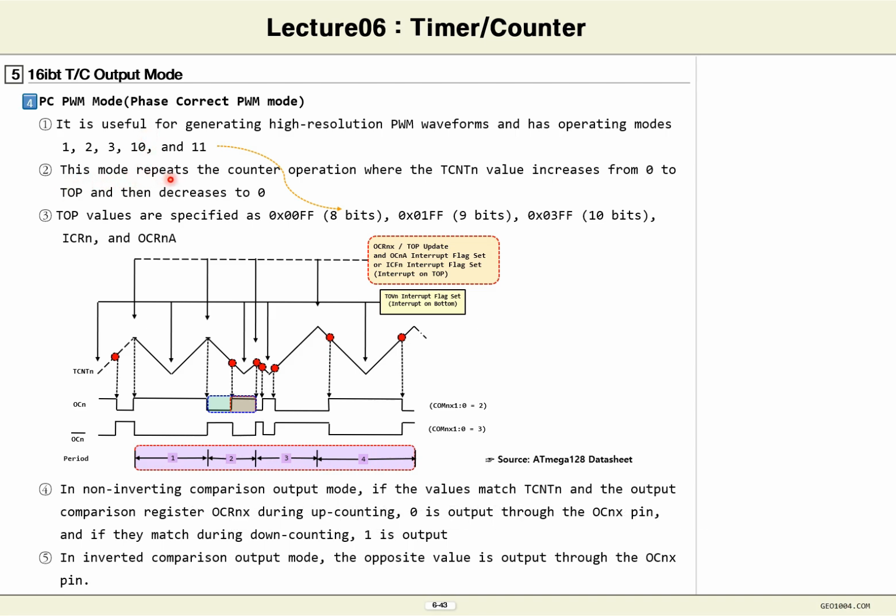This mode will be such an operating counter that the TCNT value has a dual slope where the value increases from 0 to the top and then decreases back to 0. As you can see, the top values are 8 bits, 9 bits, 10 bits, ICRN and OCRNA.